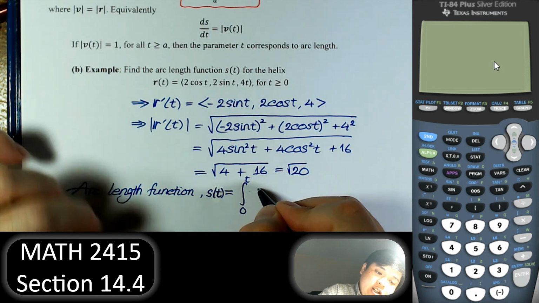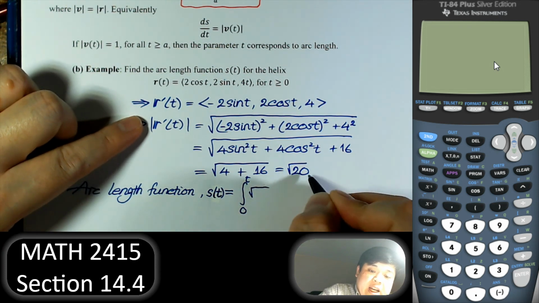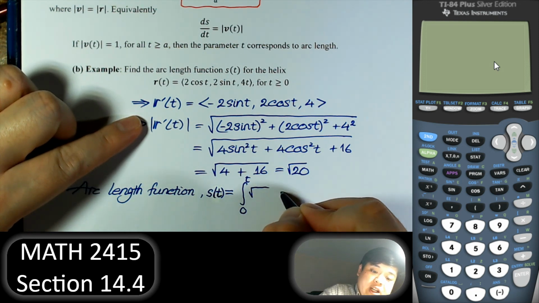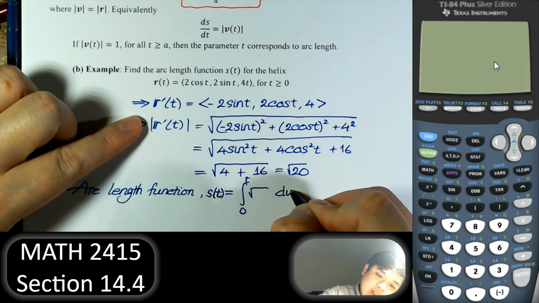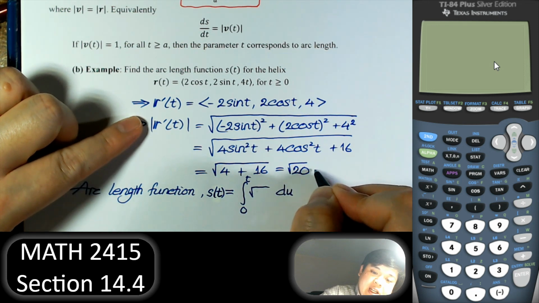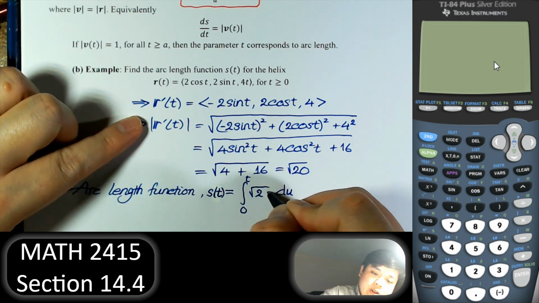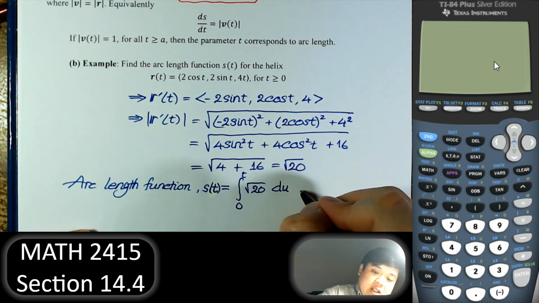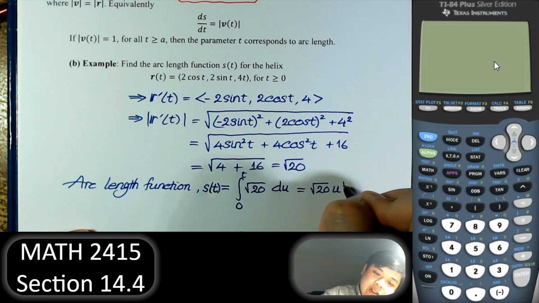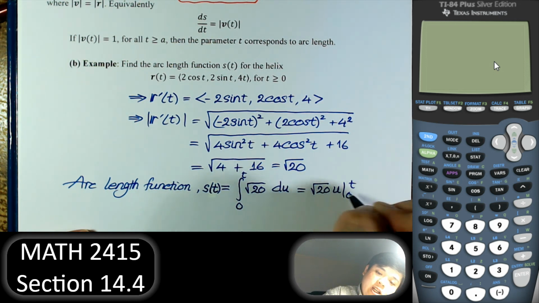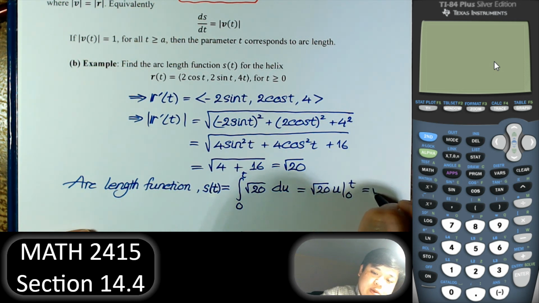And then we just have square root of 20. If we have t in here, we have to change that to u. But this is just a constant, so it doesn't do much. Put in t, put in 0, and so we just have square root of 20 times t.